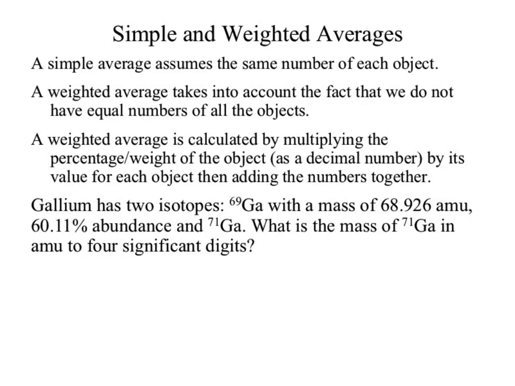What's an AMU? Who cares? Don't worry about it. It's some arbitrary mass unit. 60.11% abundance. And gallium-71. What is the mass of gallium-71 in AMUs to 4 digits? Oh my God, that's a lot of information.